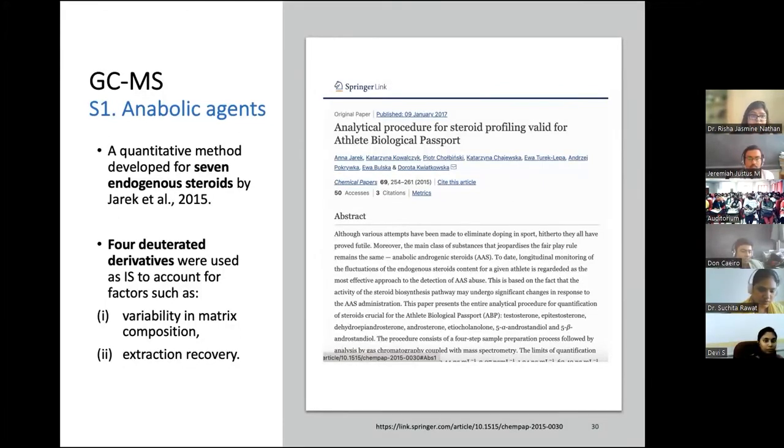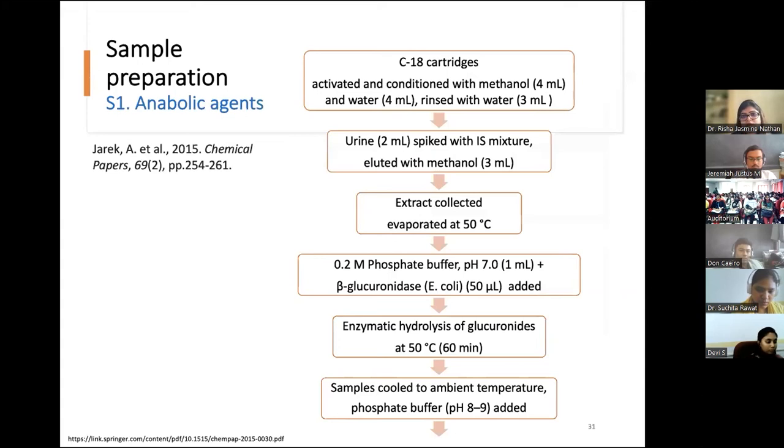He found that for his method, 4 deuterated derivatives were used as internal standards to account for variability. Now, we know internal standards in GC-MS methods are used for the detection of variability in matrix and to increase the extraction recovery. The method that they followed used SPE, the solid phase extraction method.